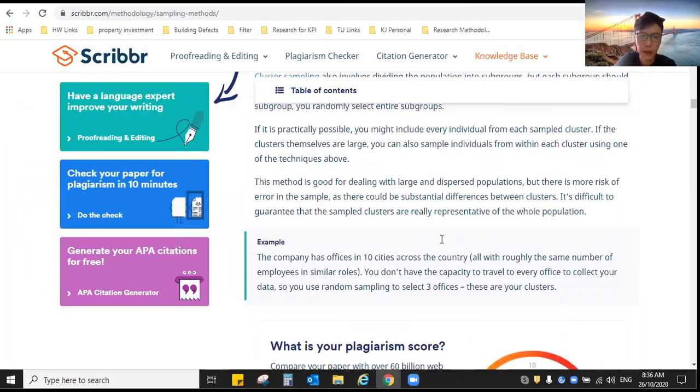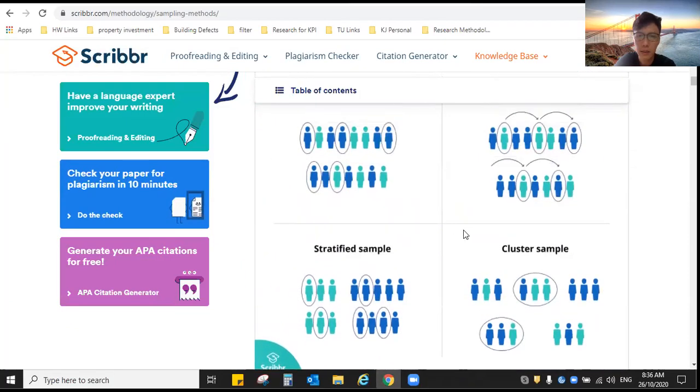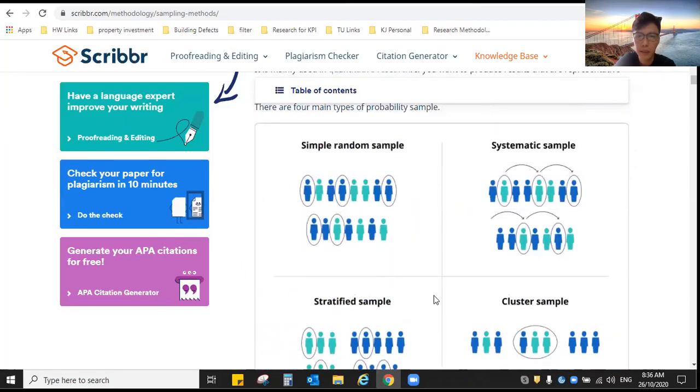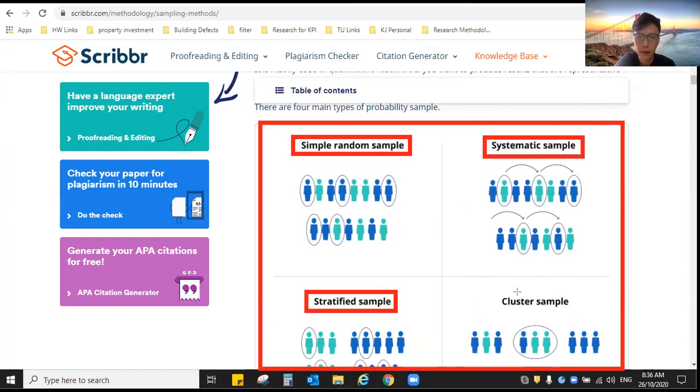Can you tell me, are all of these probability samples or non-probability samples? These four that you learned just now: simple random, systematic, stratified, cluster.